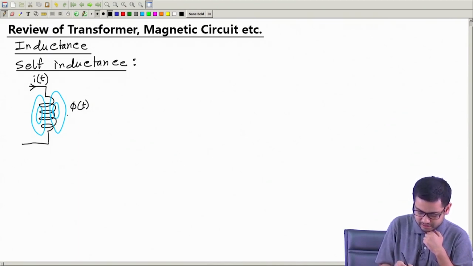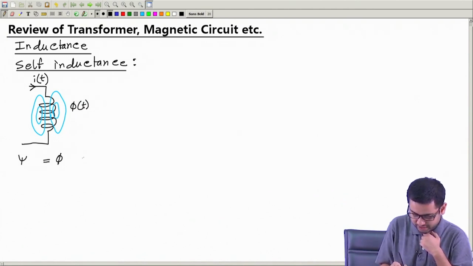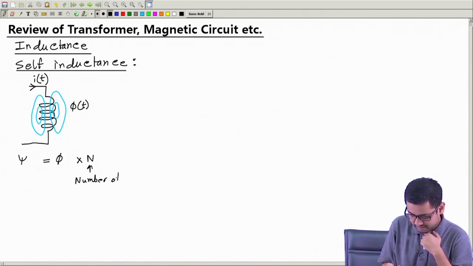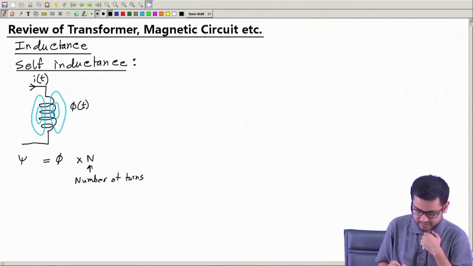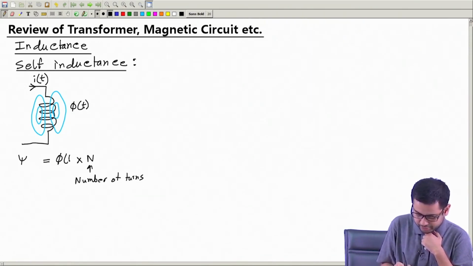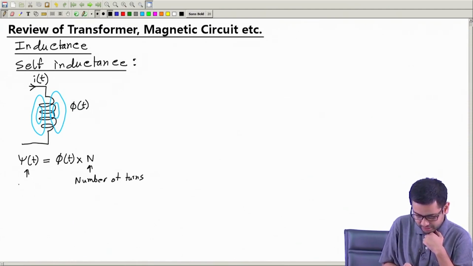And then we define the quantity called psi, which is phi multiplied by N, the number of turns of the coil. So phi is time varying, therefore psi will also be time varying, and this is called flux linkage.